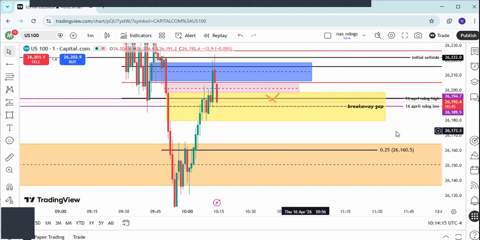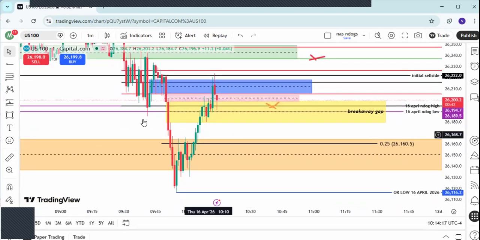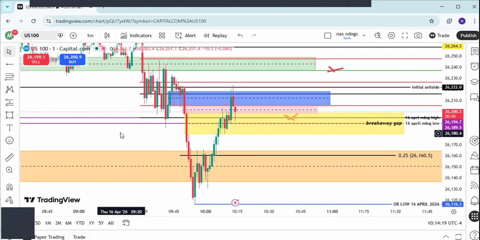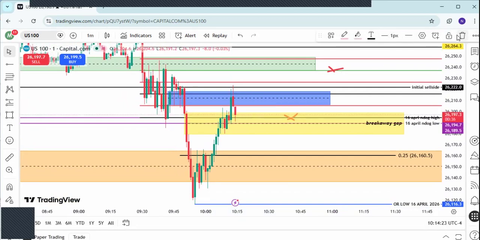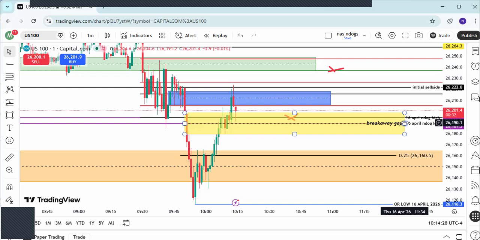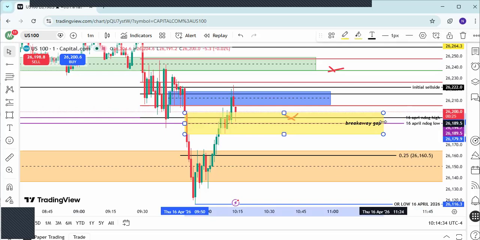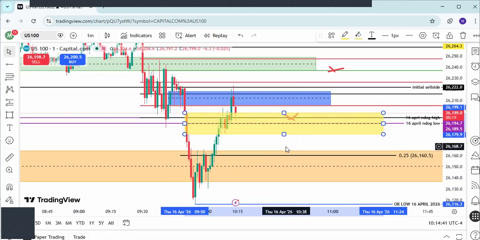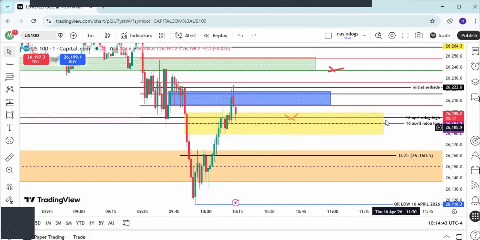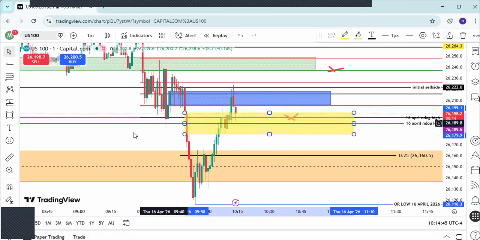Let's see. Oh, it's no longer a breakaway. But can it be like a reclaimed breakaway? Hmm, I wonder. Let's go.